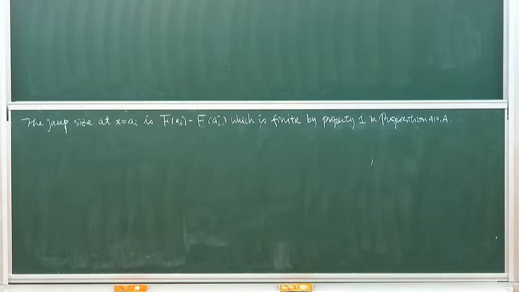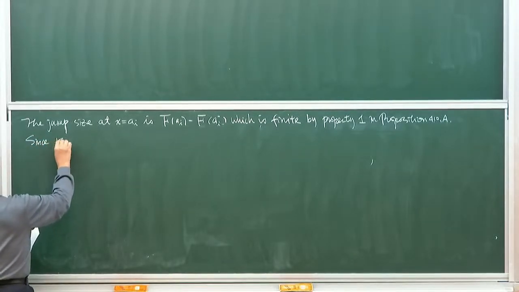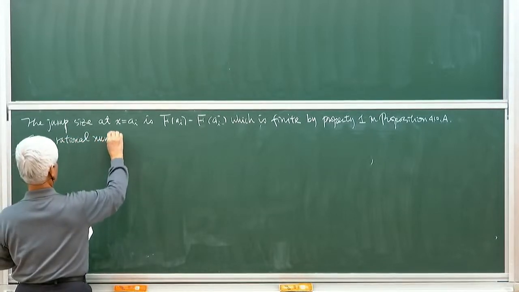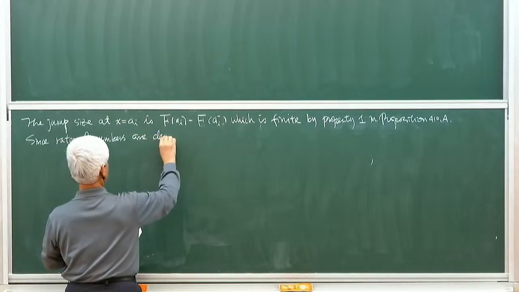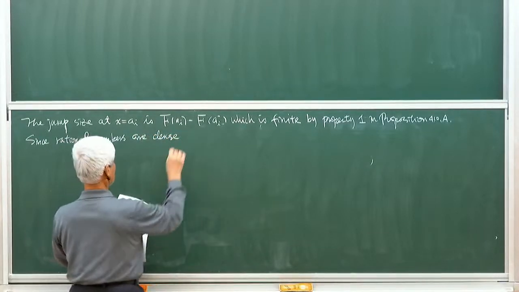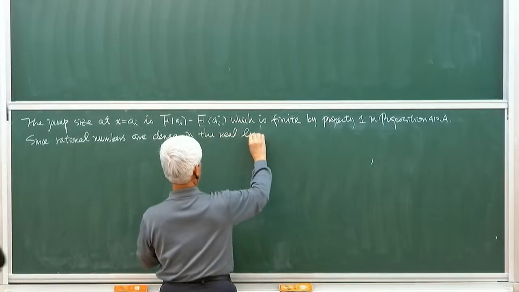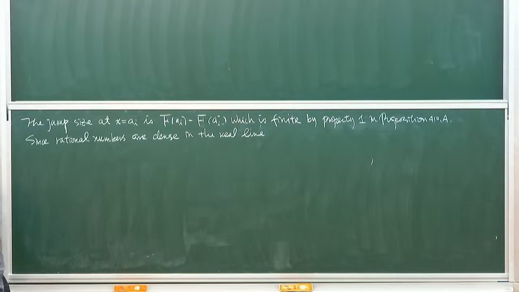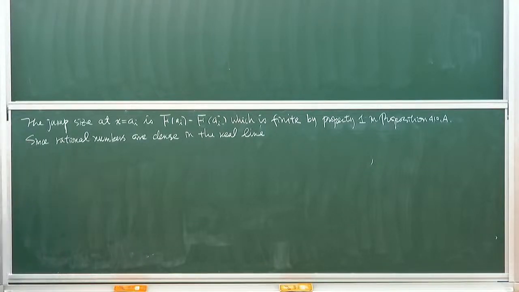And the reason why the index set I is countable is here: since rational numbers are dense in the real line. This means that rational numbers are everywhere in the real line, so it's dense.